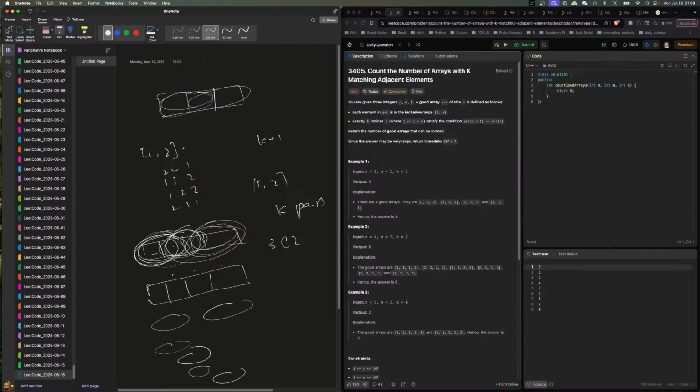And for each one of them, I have 2 options, because they have to be the same, and the remaining positions just need to be another number. Ooh, it depends. It depends on how we do it.